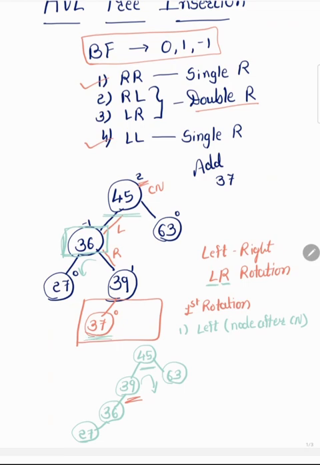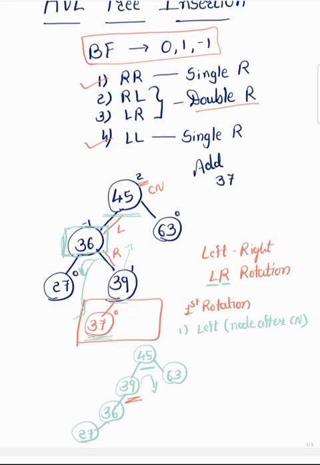So 37 was previously the left child of 39. But when I rotate 36, 36 will become the left child of 39. It's like a chain. If I pull this up, this will automatically come down. So 36 will become left child of 39.